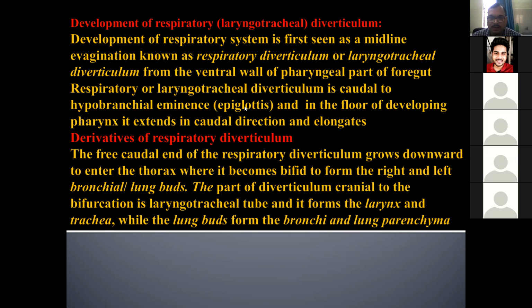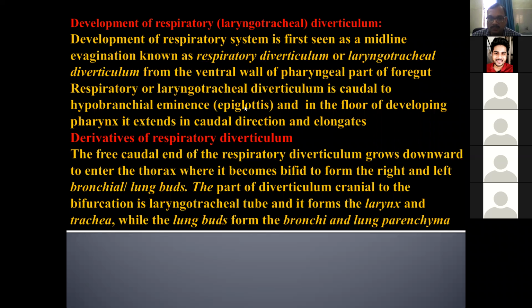Now, what is the hypobranchial eminence? We have already discussed it when we were dealing with the development of the tongue. So the location of this diverticulum is caudal to the hypobranchial eminence in the foregut.